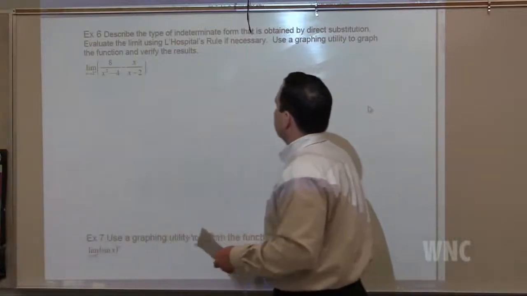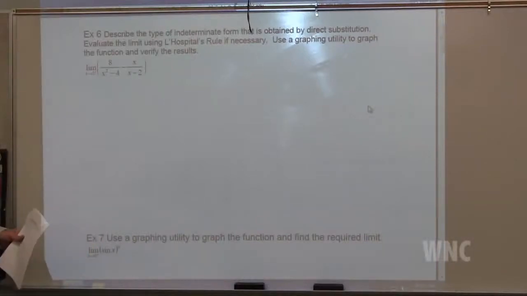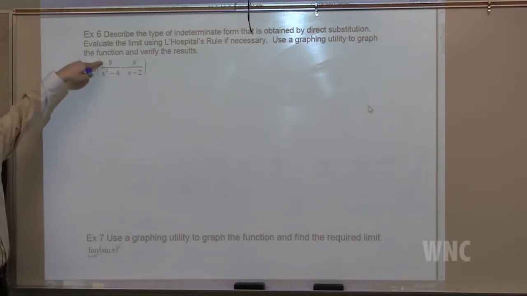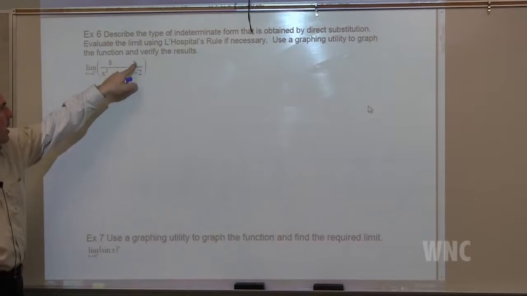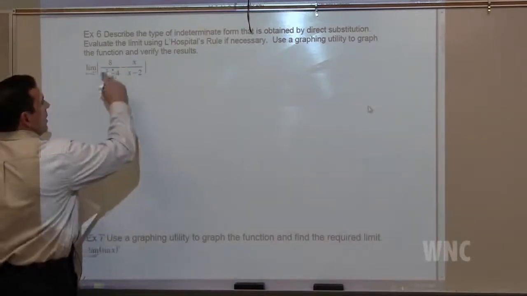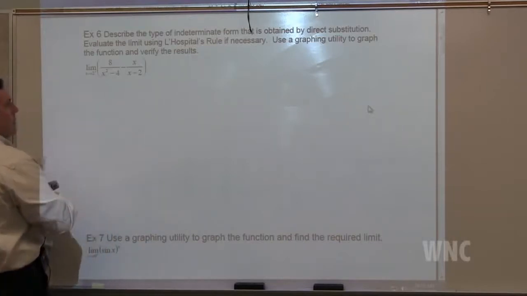Okay, for this next one, it says describe the type of indeterminate form that is obtained by direct substitution. Evaluate the limit using L'Hopital's rule if necessary. Use a graphing utility to graph the function and verify the results. So the limit as x approaches 2 from the right side of 8 over x squared minus 4 minus x over x minus 2. So if you were to plug in 2, let's see what happens.